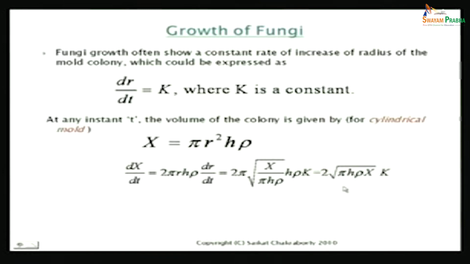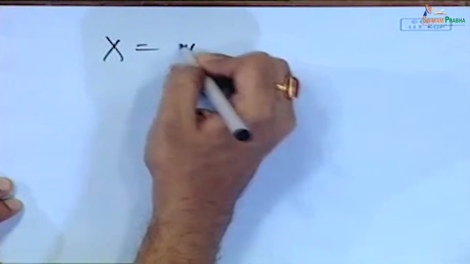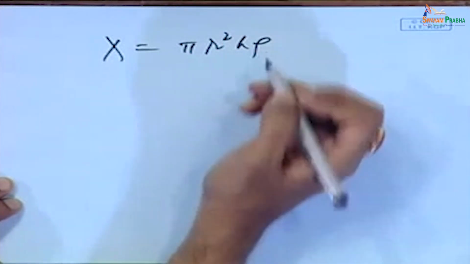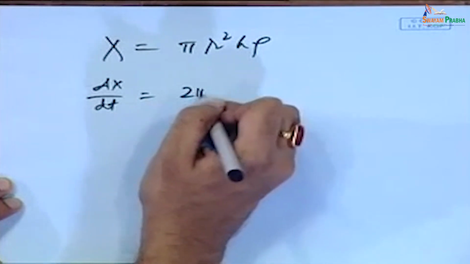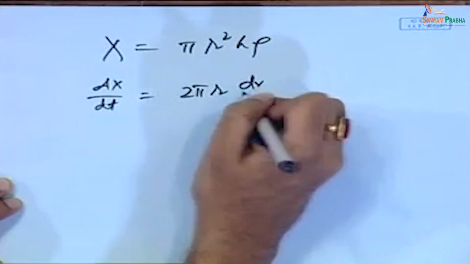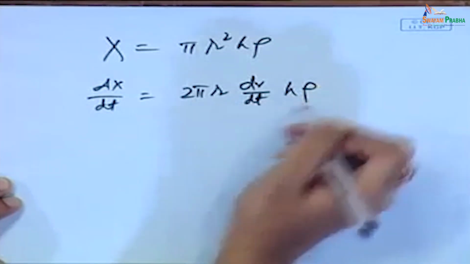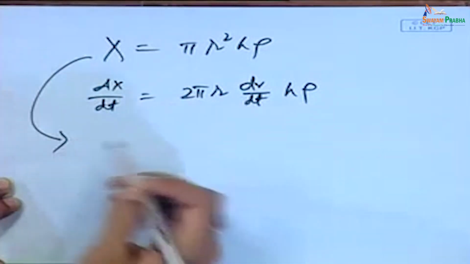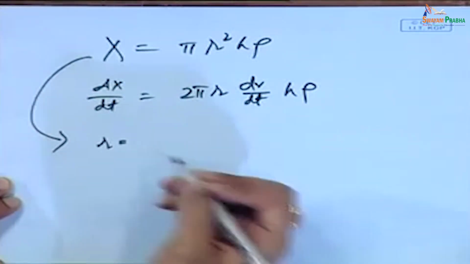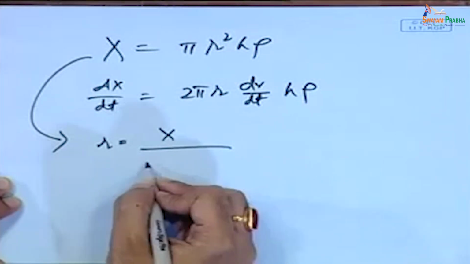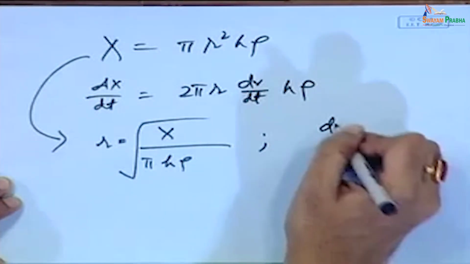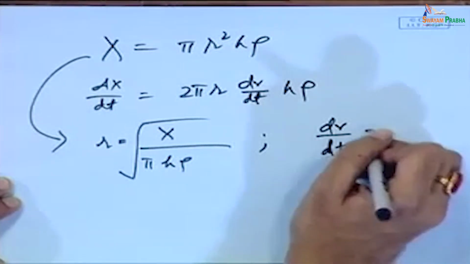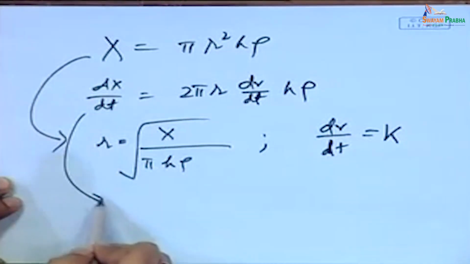Okay, let me show it here if there's any confusion. So x equals pi r squared rho h. So dx/dt is 2 pi r dr/dt times h rho. Now from here what I get is that r equals the square root of x over pi h rho, and I know that dr/dt equals k, so I put that over here.